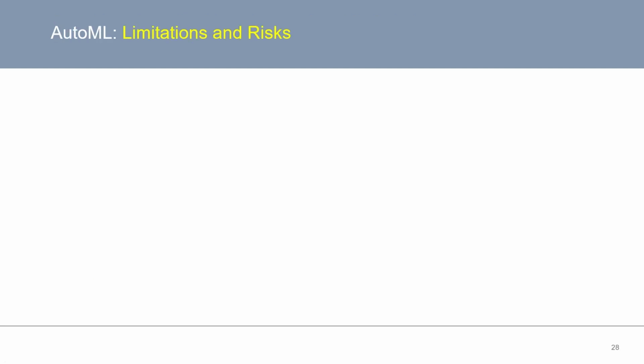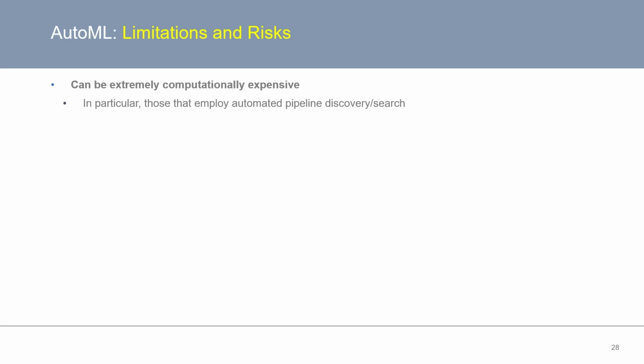Lastly, let's briefly discuss some potential limitations and risks of automated machine learning. First off, many AutoML approaches can be extremely computationally expensive, in particular those that employ automated pipeline search and discovery. Also of note, not all elements of a machine learning analysis can yet be reliably or effectively automated.